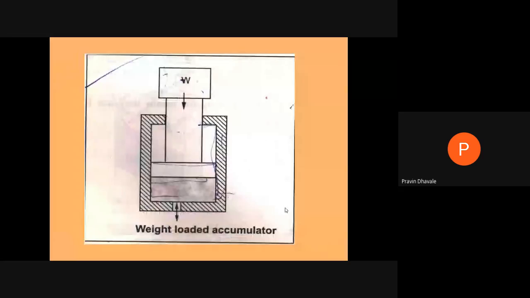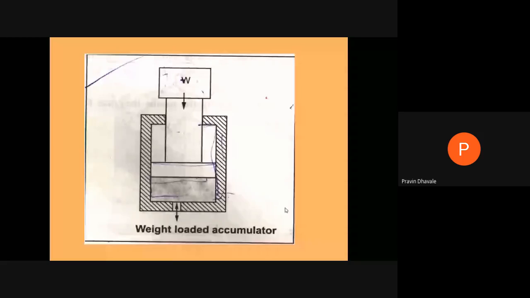Okay. One by one, we will see the different types of the accumulator. The first one is the weight loaded accumulator, right? This is a diagram of a weight loaded accumulator, where this hatched section shows the cylinder.